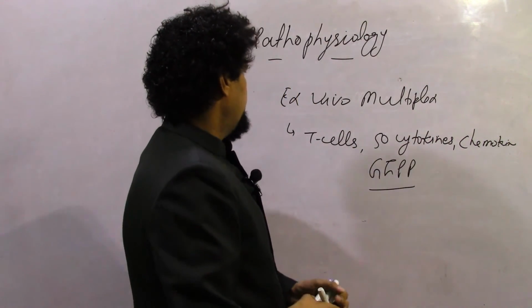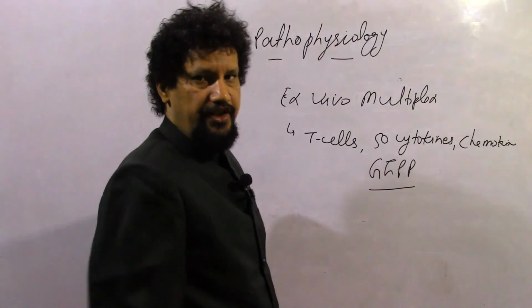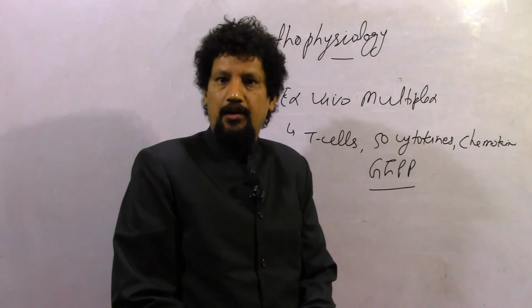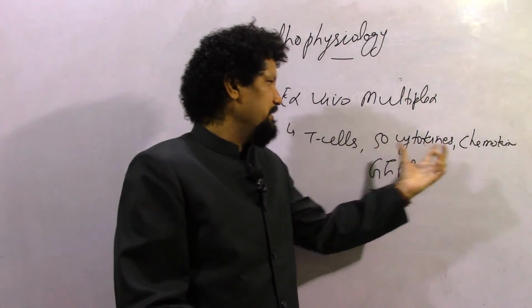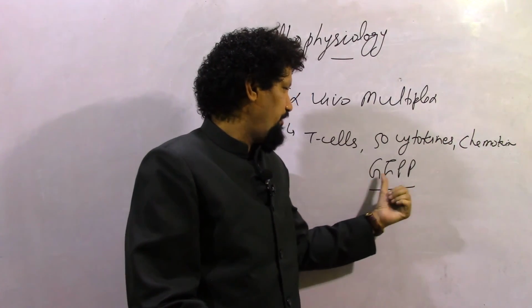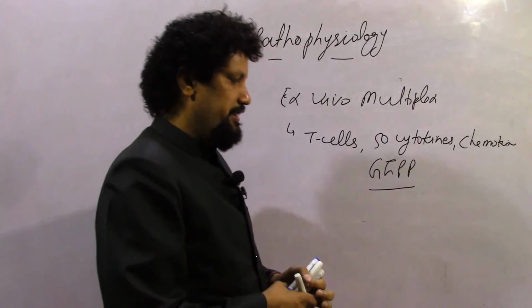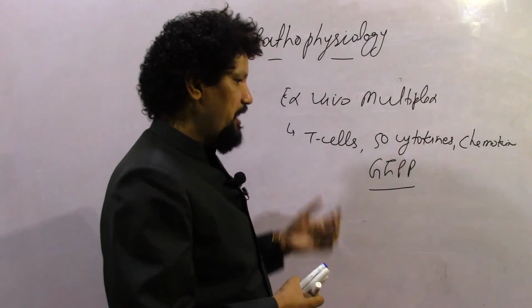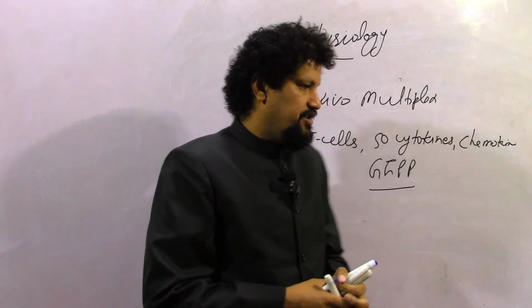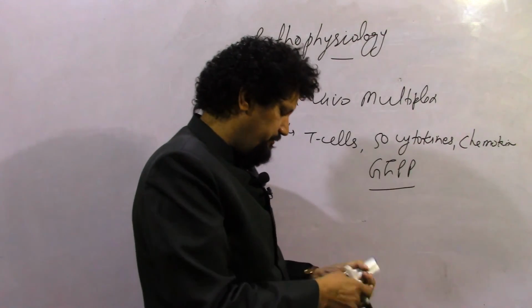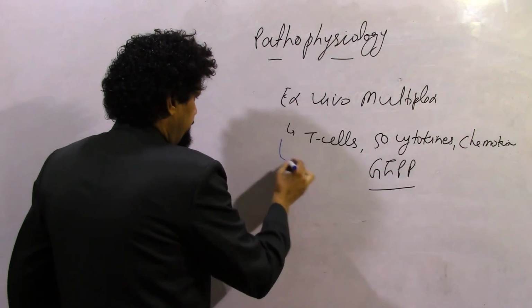So this is the ex vivo multiplex study of chikungunya fever based on T cells, 50 cytokines, chemokines, and growth factor plasma profile. According to this study, the chikungunya virus elicits strong innate immunity. Innate immunity is the immediate type of immunity.